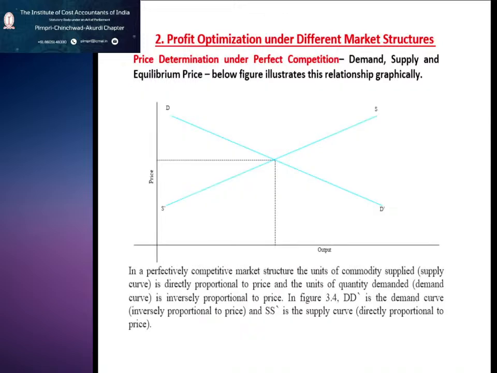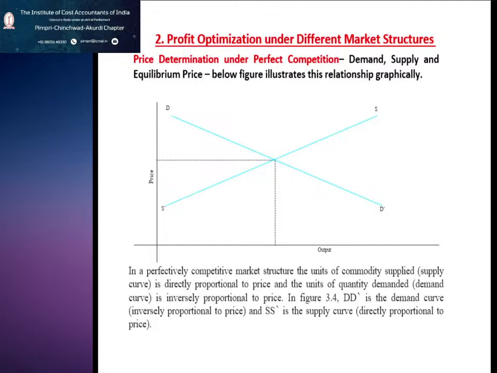Again, a graphical presentation of this similar demand, supply and the equilibrium price. So in a perfectly competitive market structure, the units of commodity supplied, that is the supply curve, is directly proportional to the price, and the units of quantity demanded, that is the demand curve, is inversely proportional to price.